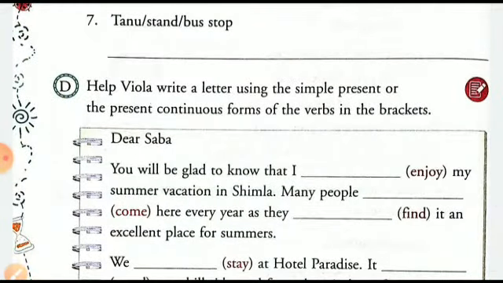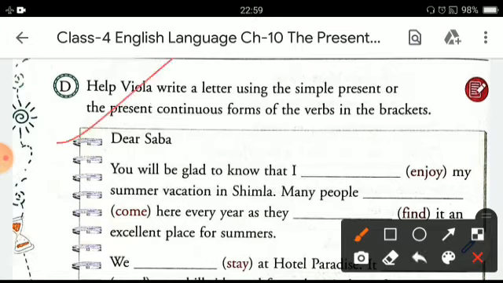Then, there's another exercise. Help Viola write a letter using the simple present or the present continuous forms of the verb in the bracket. As we all know, we have learned very well the use of simple present tense by adding s or es to the verb, and continuous tense with the help of helping verbs like is, am, are plus the ing form of verbs.